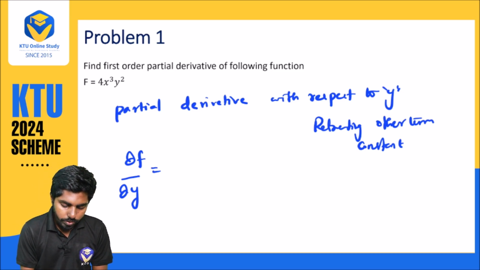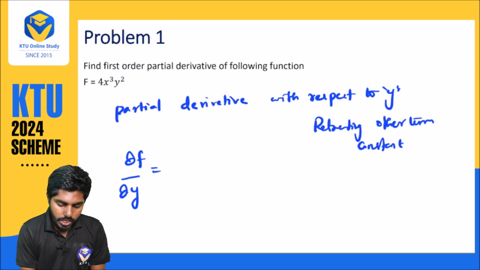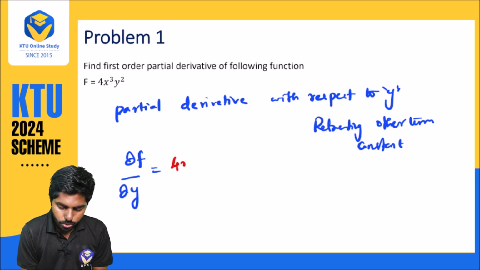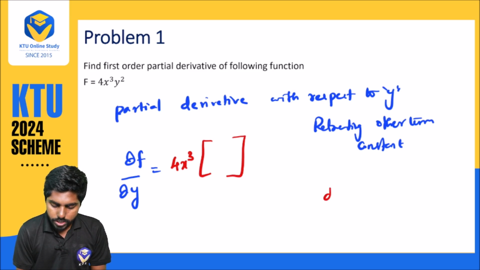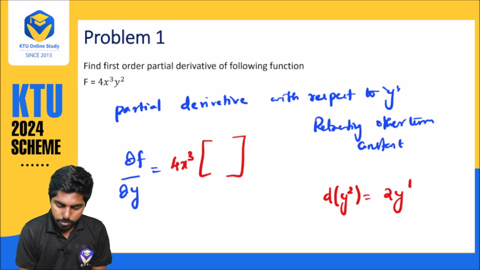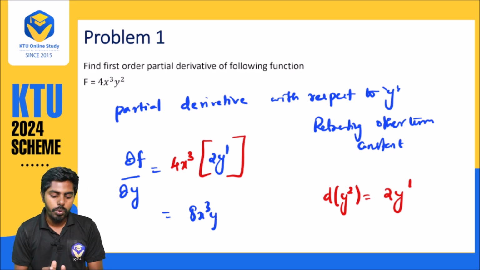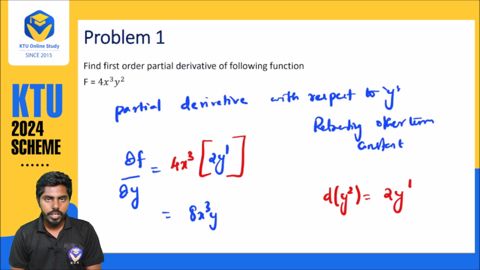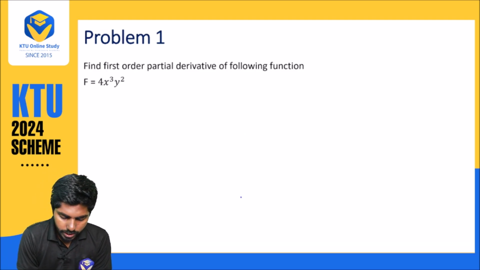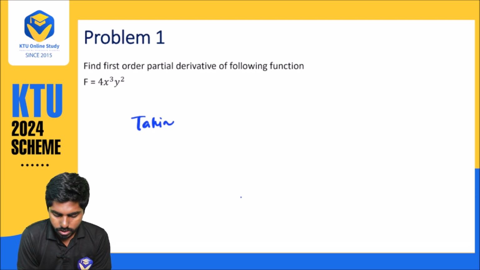The other terms are constant; here the other term is 4 into x cube. What is the differentiation value of y square? It is 2 into y power 1. When you multiply, it will become 8x cube y. So this is the way we do the partial derivative. Here we are taking partial derivatives.